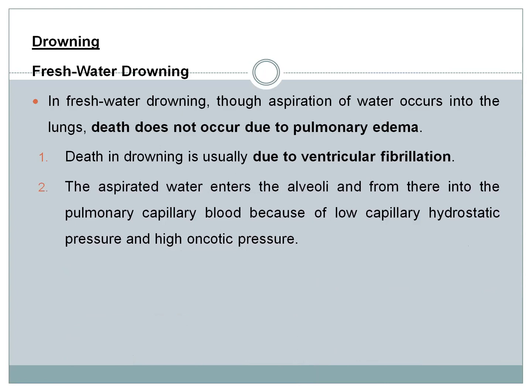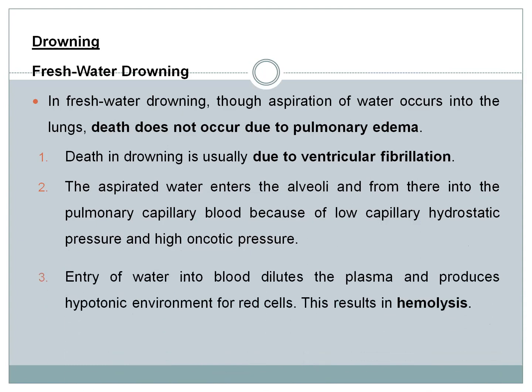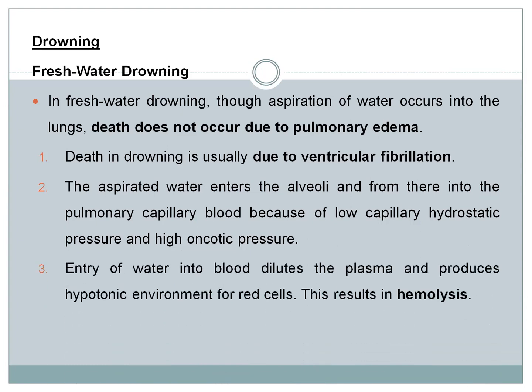The aspirated water enters the alveoli and from there into the pulmonary capillary blood because of low capillary pressure and high oncotic pressure. The entry of water into the blood dilutes the plasma and produces a hypotonic environment for red cells.